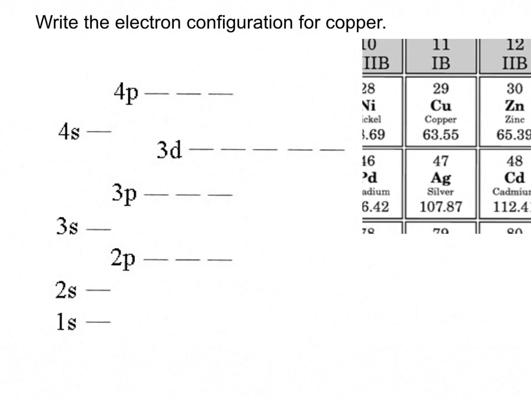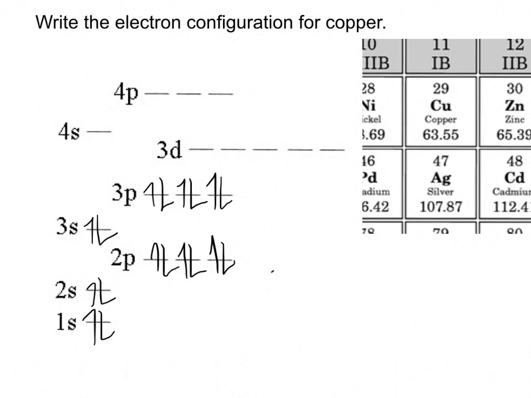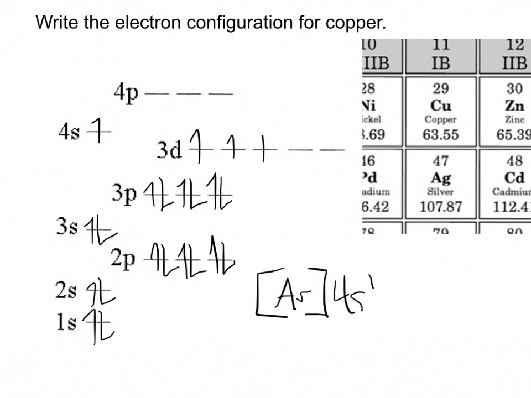So, what is the way that copper's electron configuration is actually written out? Well, there's our argon configuration, everything up to 3p6. And then it is 4s1 3d10. So the 3d orbital is completely full for copper. But as you can see, this anomaly, the 4s orbital, only has 1 electron.